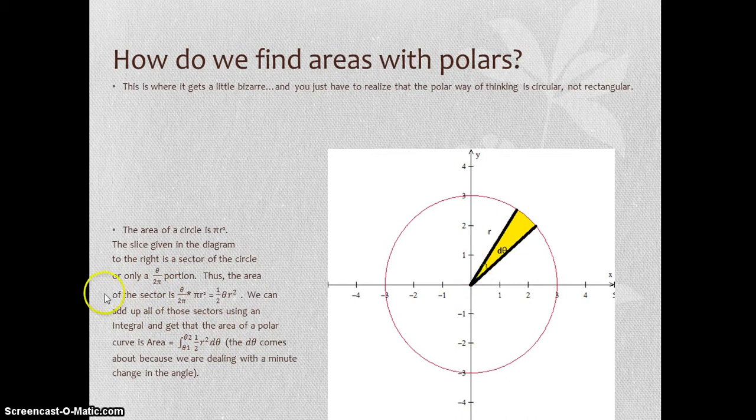The area of this sector, therefore, is theta over 2 pi times pi r squared, which reduces down to 1/2 theta r squared. Our idea of finding areas in polars is to find the areas by adding up all of these different sector areas. When we do so, we get our complete formula, which is the integral from theta 1 to theta 2 of 1/2 r squared d theta. The d theta comes about when we, just like with the rectangles, deal with a minute width of angle.